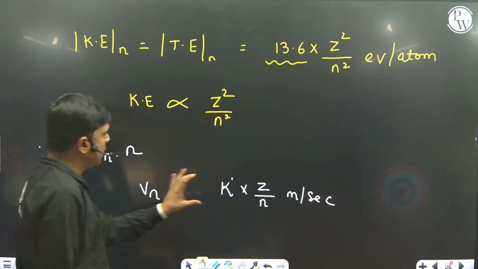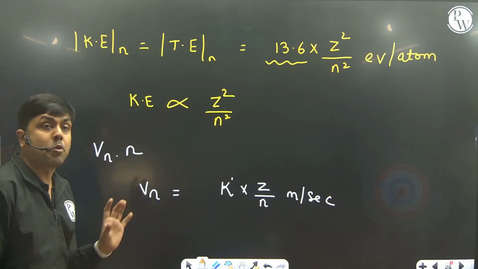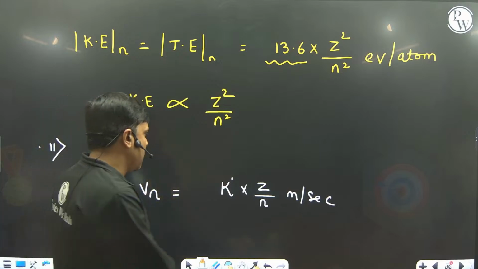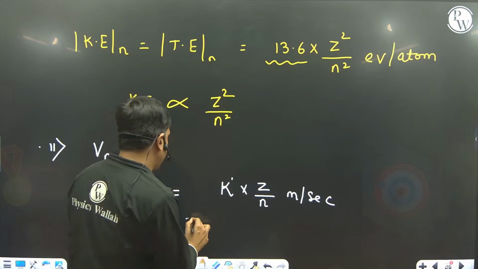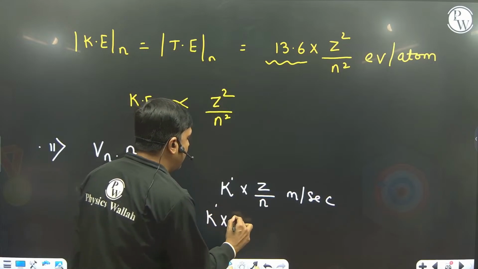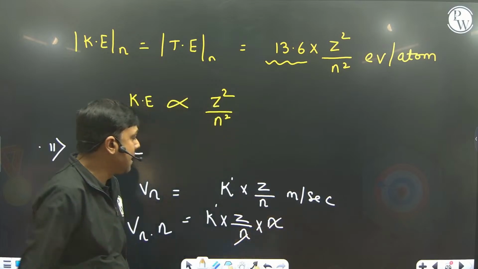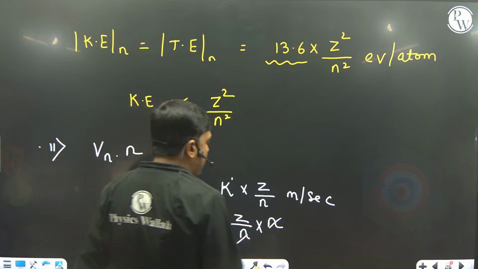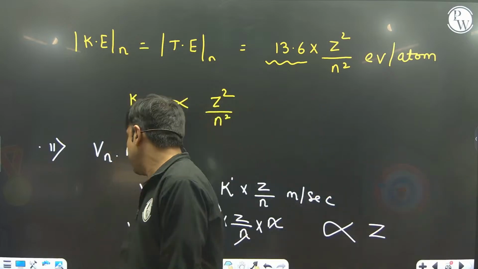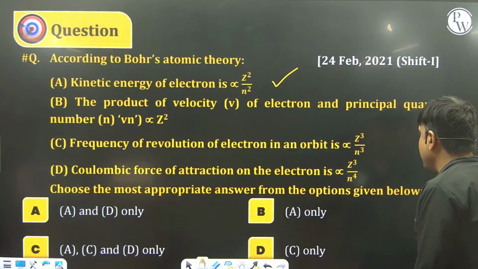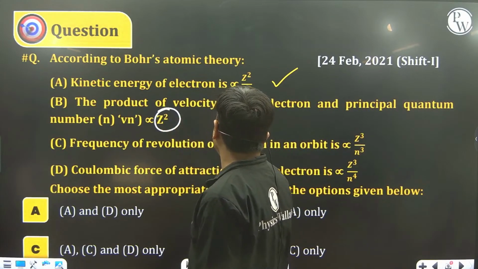So this is the velocity of electron in nth orbit. Now I need to calculate the product of Vn and n. So Vn multiplied by n will be k dash into z by n into n. This n and n will cancel out each other. So this product is directly proportional to z. What does the option say? Option says it's directly proportional to z square. So this particular option is wrong.